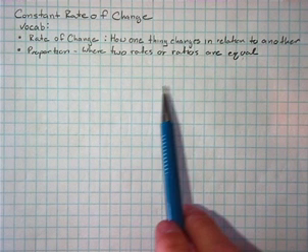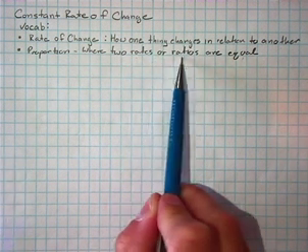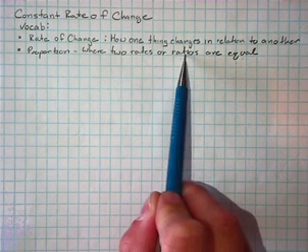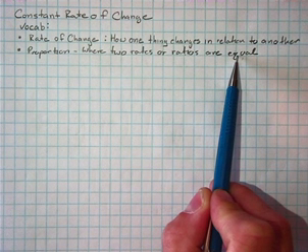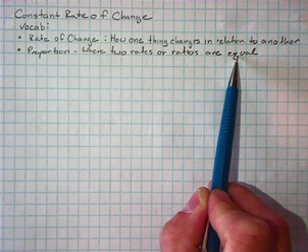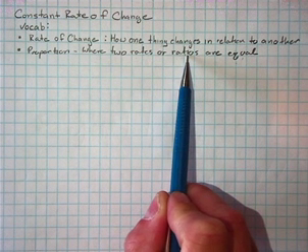Pretty much exactly what we said earlier today. 2 rates or ratios are equal. A ratio is just a fraction comparing 2 things. 2 fractions that are equal to each other are proportional. A rate is just a special type of ratio.